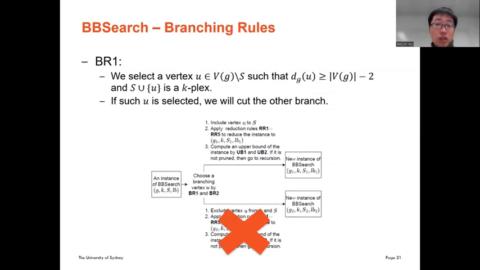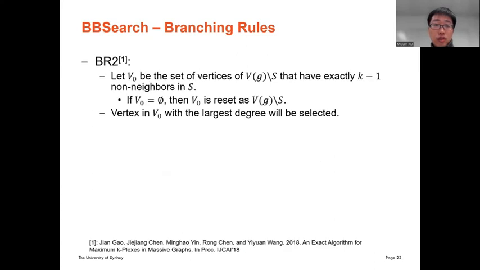Branching rule 1 will select a vertex U with degree greater or equal to the number of vertices in G minus 2, and S union U should be a k-plex. If such U exists, we can see it must be included in the maximum k-plex, so we can cut the other branch that excludes U from G and S. If we can't select such U, we'll use branching rule 2, which will select the vertex with the largest degree in a set of vertices.